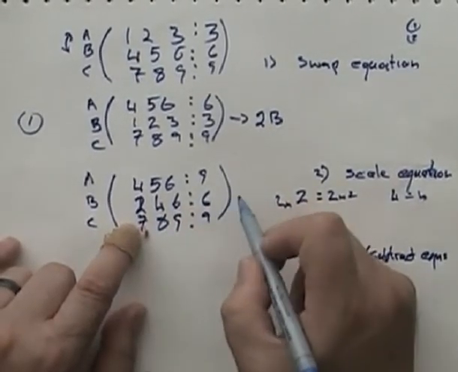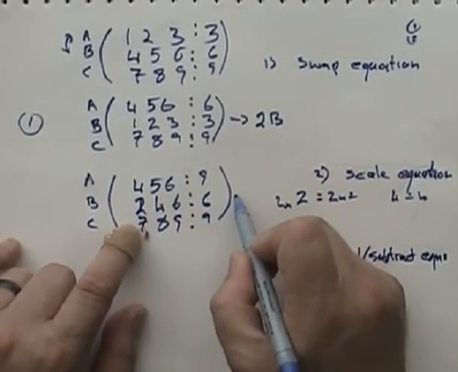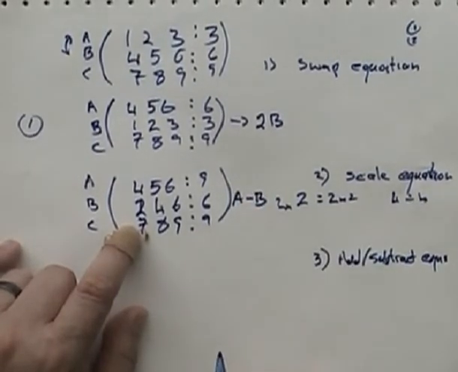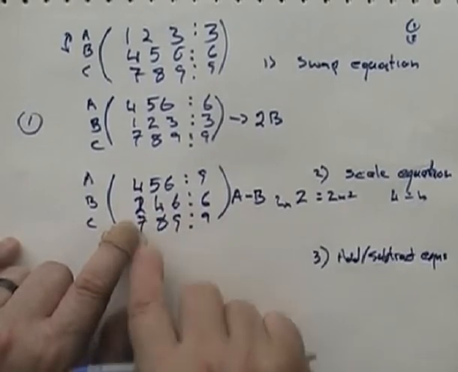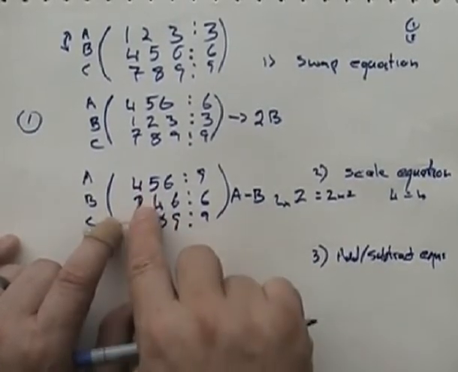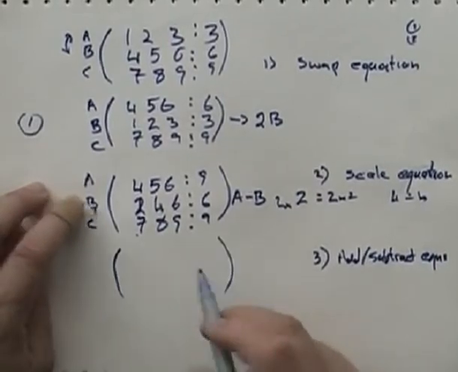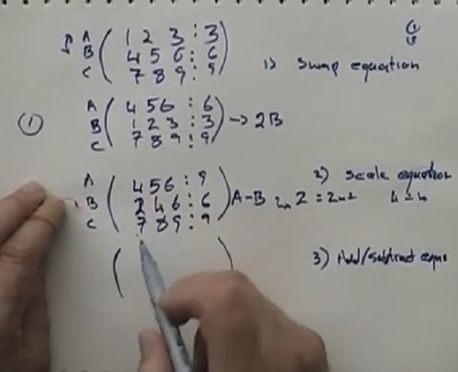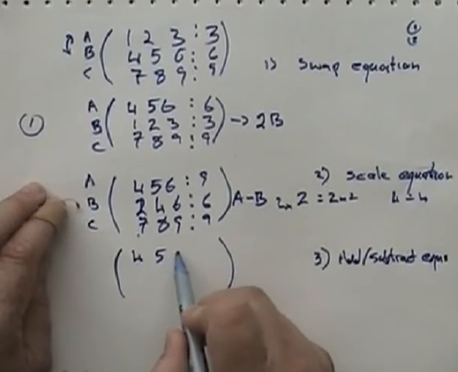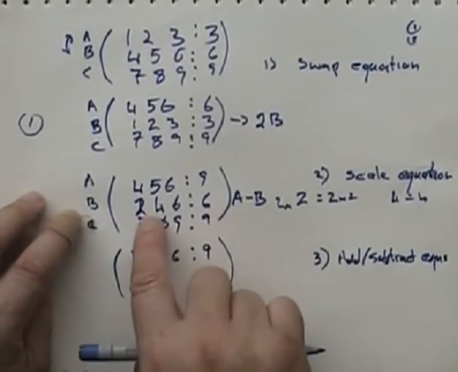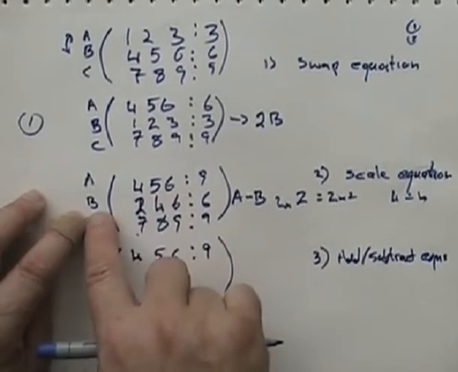This row is now going to be A minus B. So I can add rows, I can subtract, but I'm going to subtract that row from that row. So the first row is not changed. 4, 5, 6, 9. But that second row is now going to be this row minus this current row.